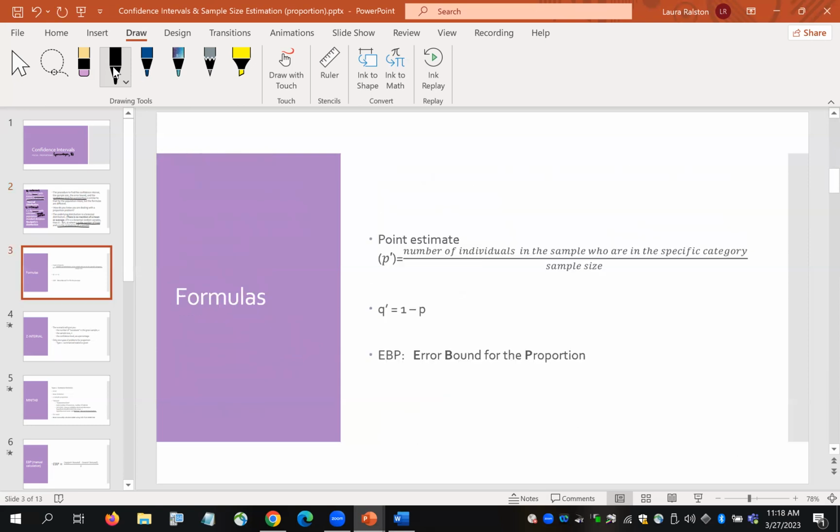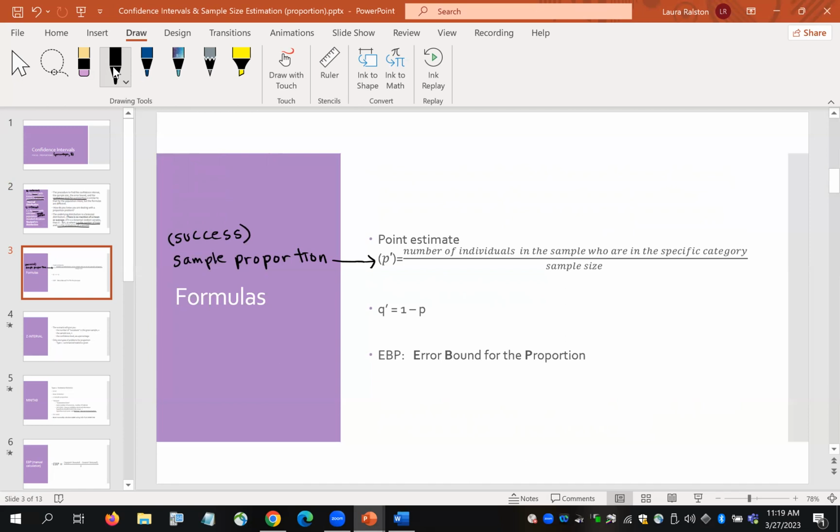You do have to do a couple of calculations by hand. It's called the point estimate. This is your sample proportion, P prime, which is comparable to your sample mean, and it's how many you have in the specific category you're looking for divided by the sample size. This is what we call a success because we're getting what we want.